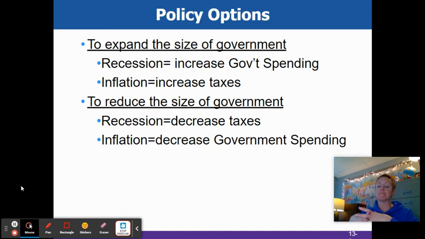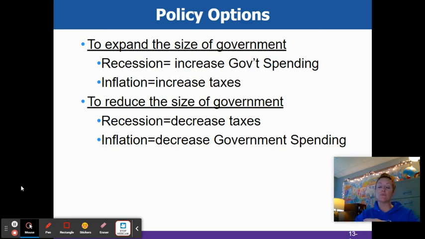influence on the economy. Now, on the other hand, the government can act to reduce the size of itself. And there is a political party that believes that is the best way to go. So in the case of a recession, a party that wanted to reduce the size of government would decrease taxes.